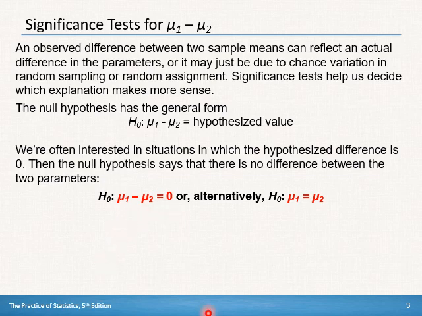There is a homework problem dealing with the amount of water used in two different brands of flushing toilets. I can't remember the exact value, but we think that one toilet flushes a half a gallon more than the other.